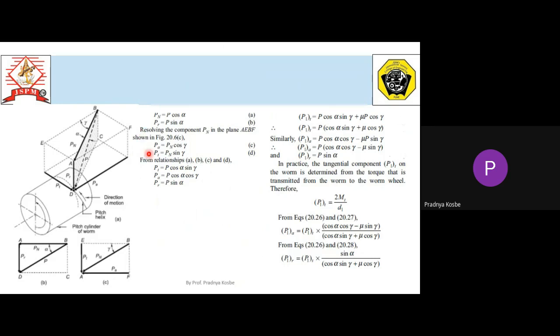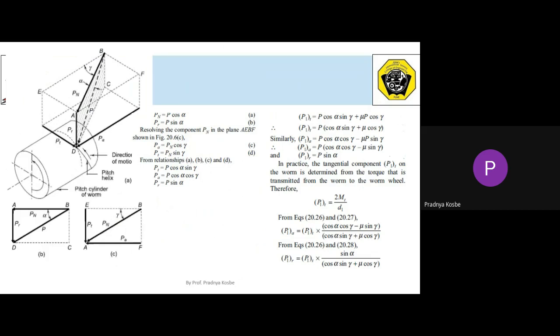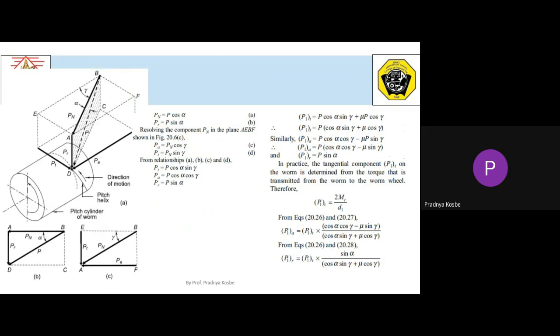Then from this figure, I can see that Pn is equal to P cos alpha, Pr is equal to P sin alpha.